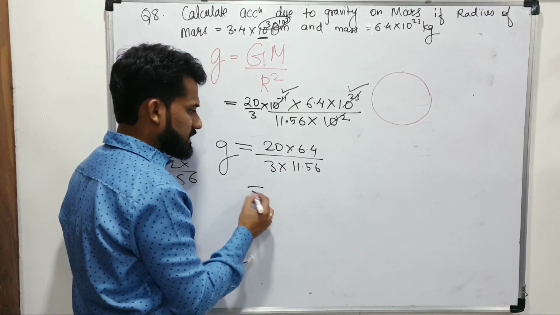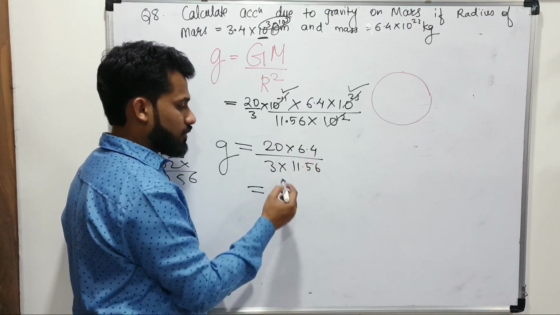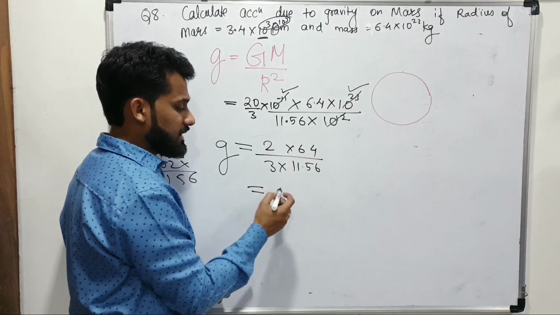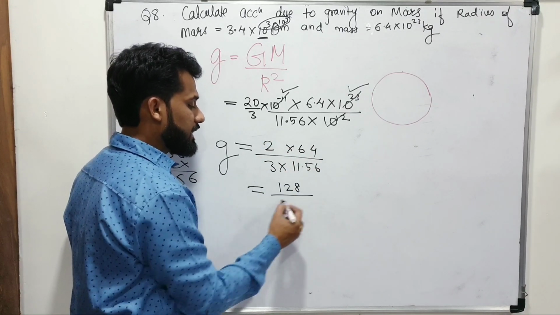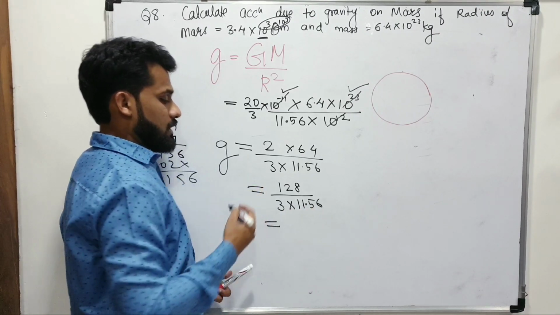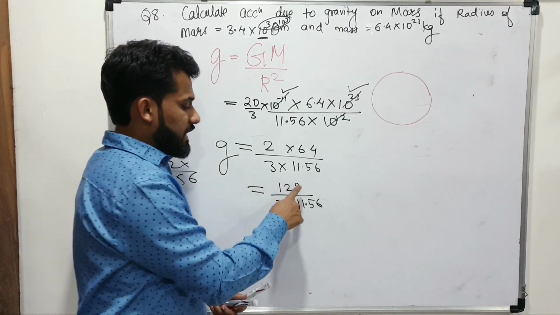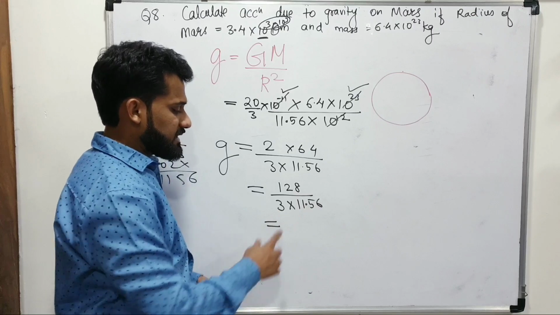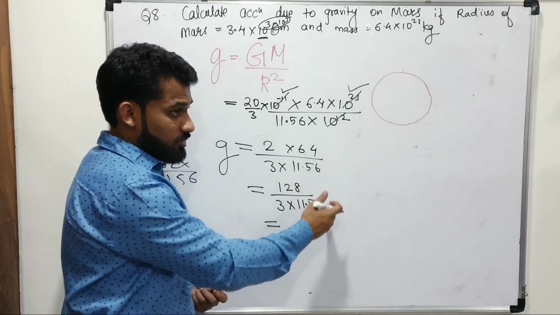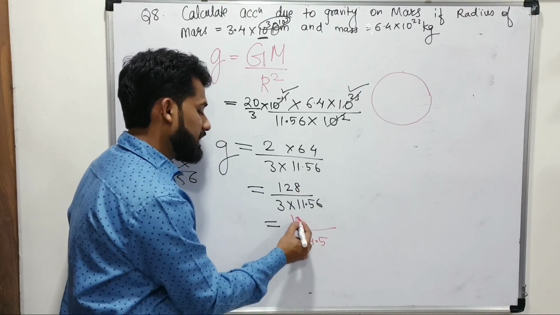Now we have to solve this. This will become 20 into 6.4; if I give the 0 to this, it will become 64. 64 into 2 by 3 is 128 by 3 into 11.56. So 3 into 11.56: 3 into 11 is 33, and 3 into 0.5 is 1.5, so it comes out to be 34.5, and the numerator is 128.